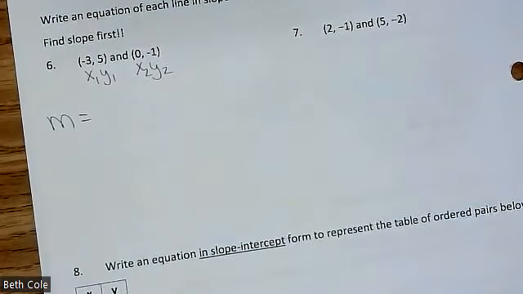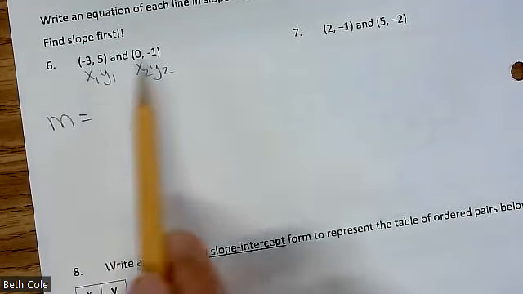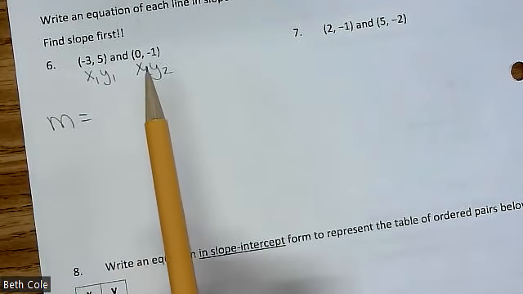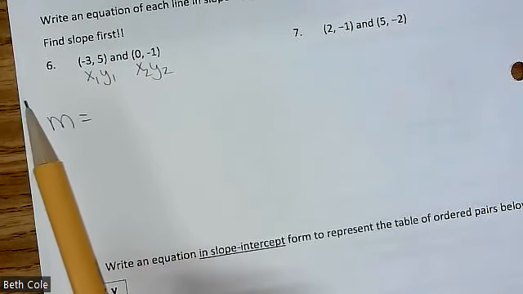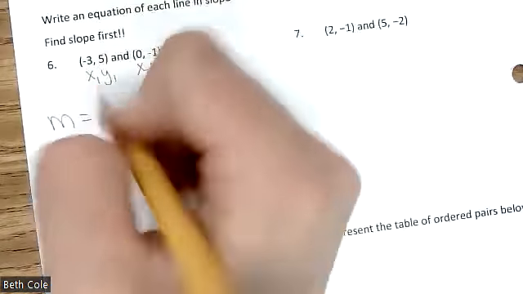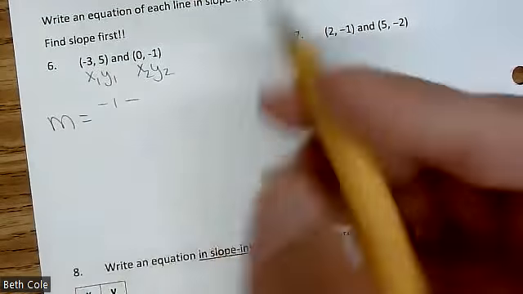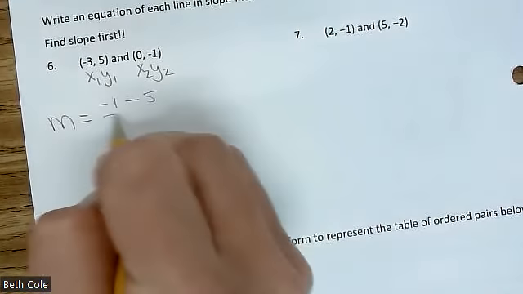So using your slope formula, what comes first? Like which one of these numbers that we labeled? Which one? I think somebody said it back there. Negative 1, good. Minus 5, good. We're subtracting the y's. Negative 1 minus 5.